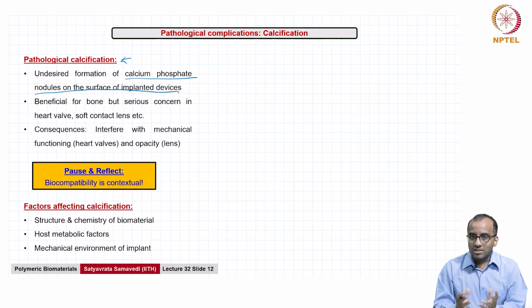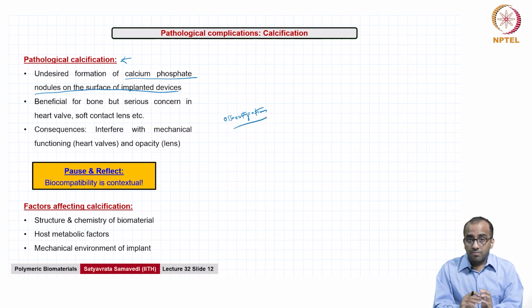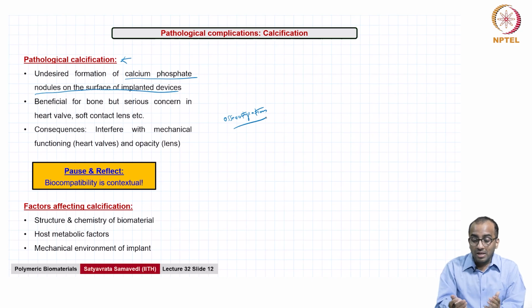And note that calcification, whether it is good or bad, is totally contextual. For example, if you are making bone implants, we have already seen osseointegration, where the material surface is conducive enough for new bone deposition, and bone is mineralized tissue.